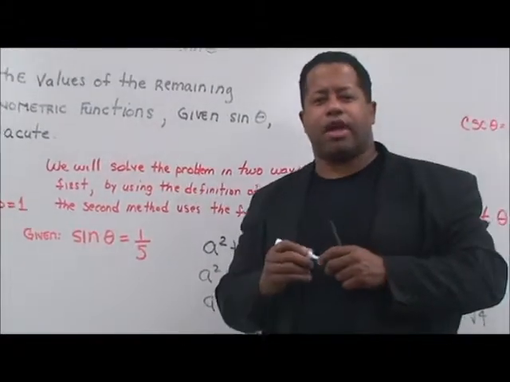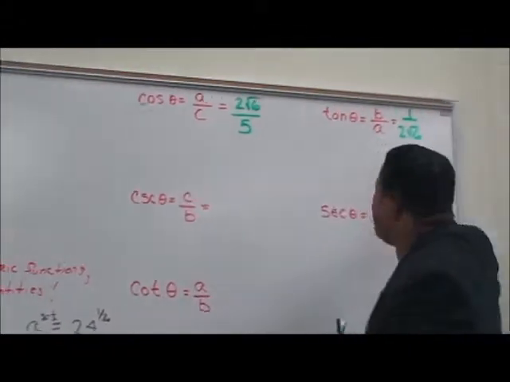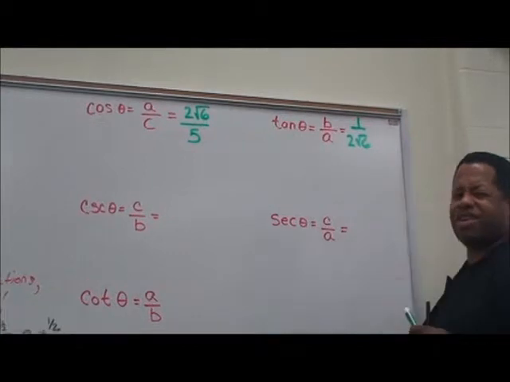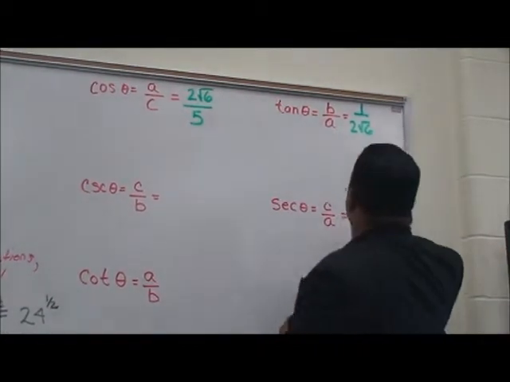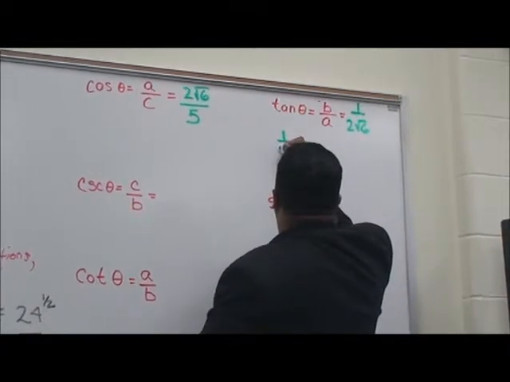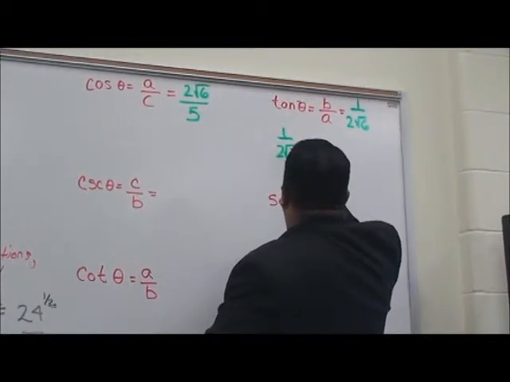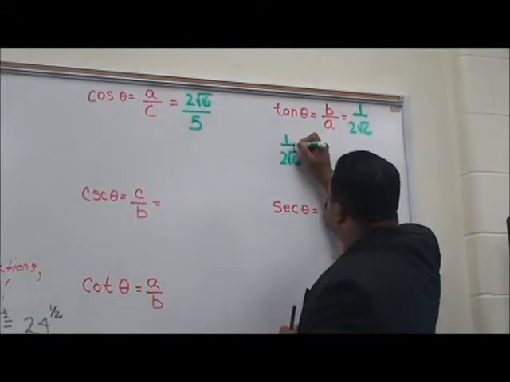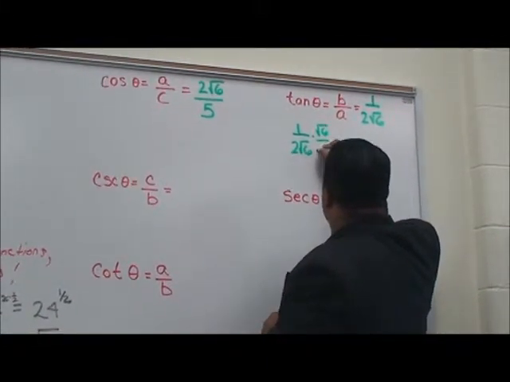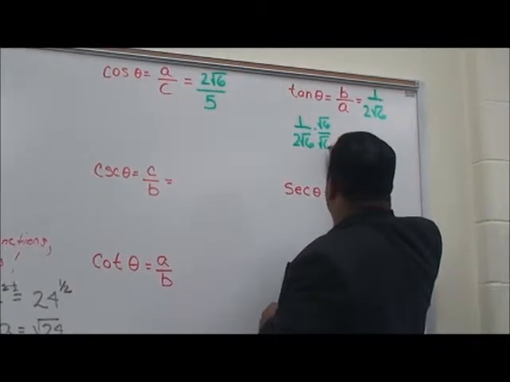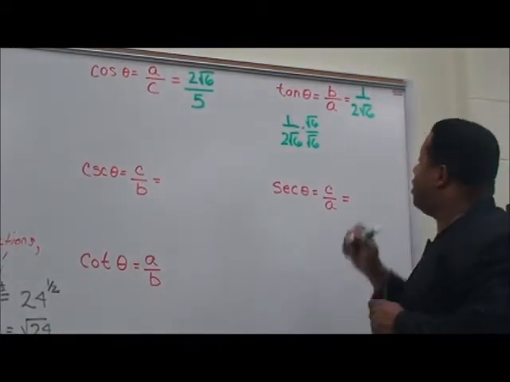What did we say last time? You don't want any radicals in the denominator. So we must rationalize the denominator to simplify it. We multiply the square root of 6 to the numerator and the square root of 6 to the denominator as well.